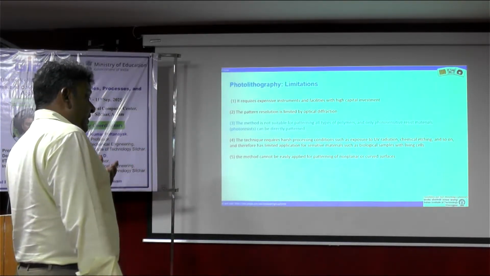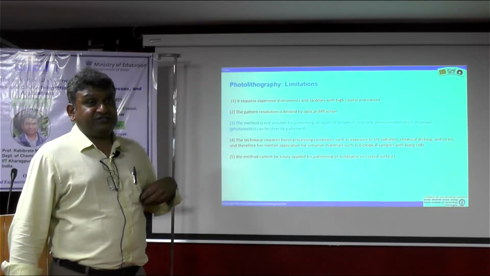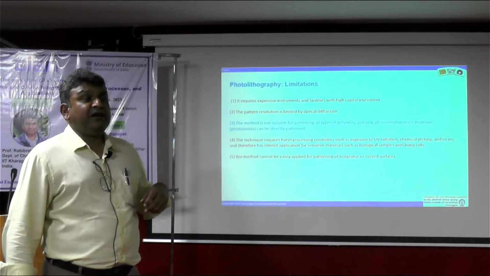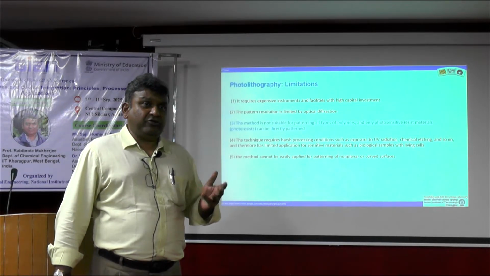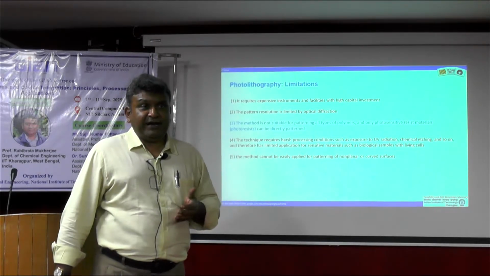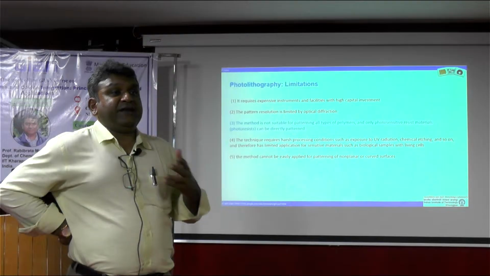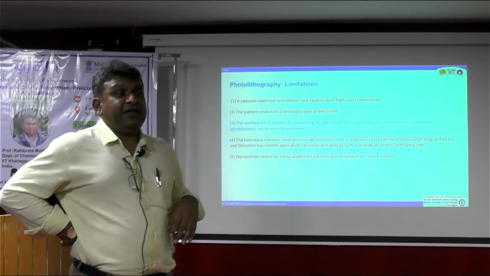It requires very high-end infrastructure like a yellow room and mask aligner and stuff like that, which are okay for device applications, because you are going to make a computer chip, for example, which you are going to use in your phone or computer, which you are going to sell at a premium and use for 5 or 10 years maybe.